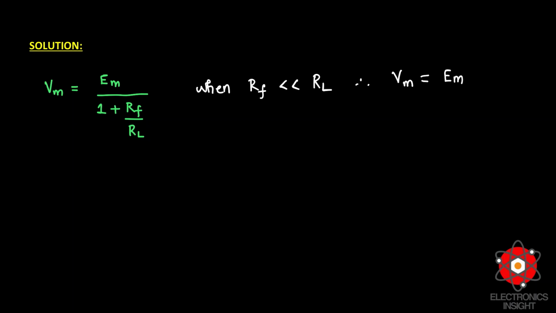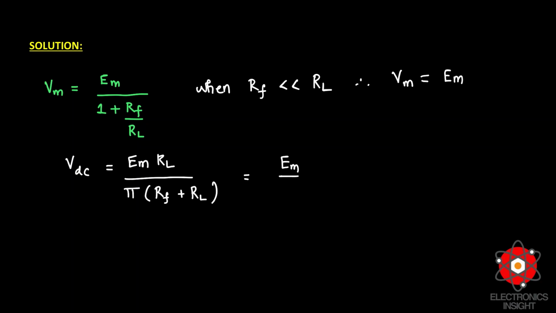We also know that VDC was equal to EM into RL by pi into RF plus RL. Here also you can neglect the RF by RL terms, so VDC will become EM by pi. Since we have equated VM equal to EM, VDC is VM by pi.